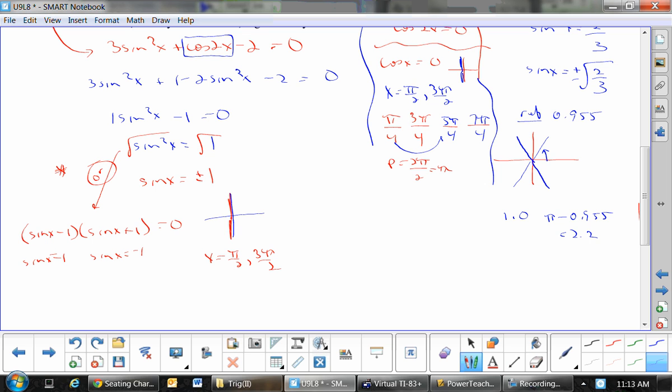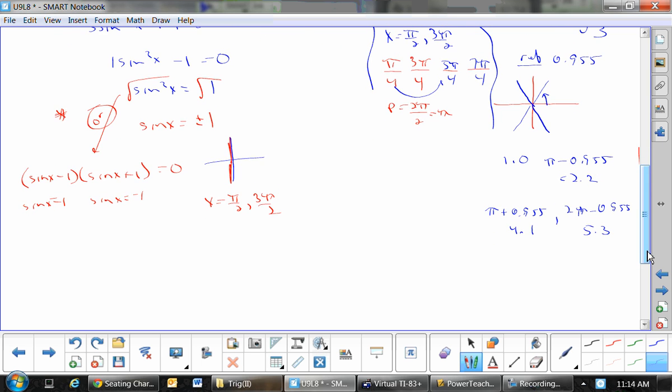The next one would be pi plus 0.955, and that's 4.1. And the last one would be 2 pi minus 0.955, which is 5.3.